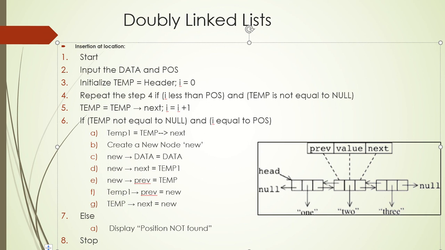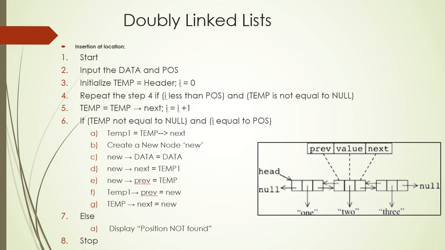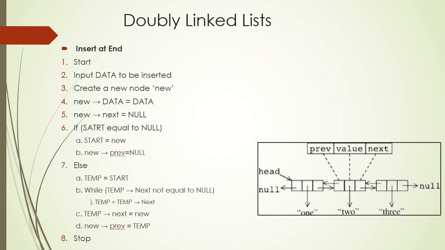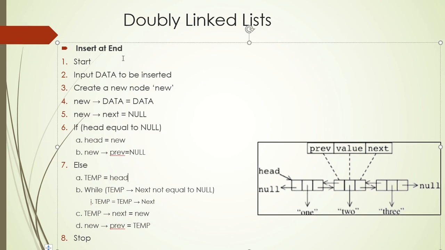Now when you're going to insert at the end, let's see how that happens. When you're going to insert at the end, first you have to find the end of the original list, right? Then you have to create a node and merge this node to the end of the original list.